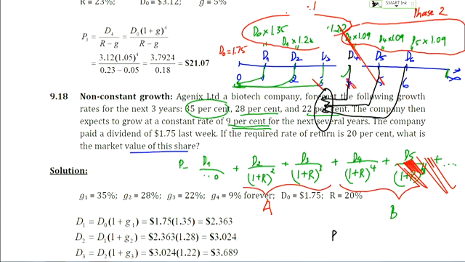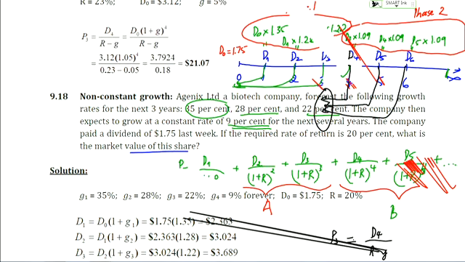So P3 is D4 over R minus G. Okay. So P3 is equal to D4 over R minus G. Okay.